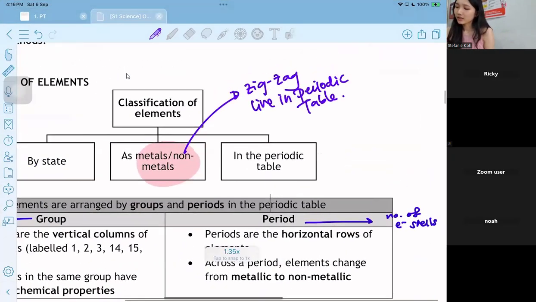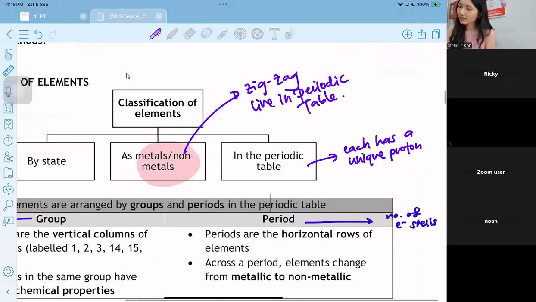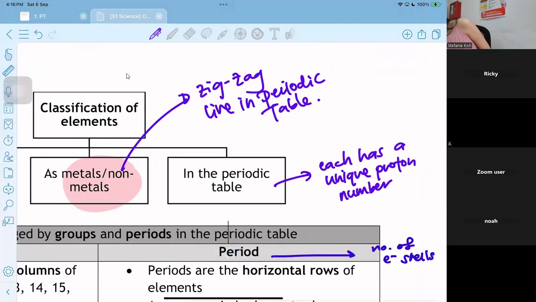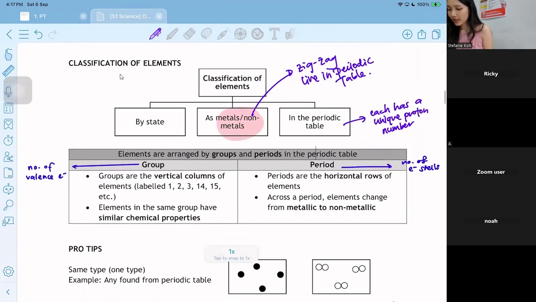So each element has a unique proton number. All right. Done with the classification.